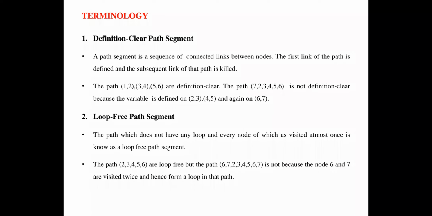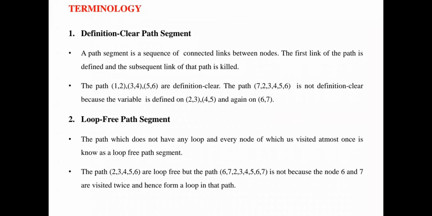That is called the definition clear path. In between, the path does not contain any loops. See here, the path segment is a sequence of connected links between nodes. The path you are taking should be a sequence of connections from one node to another node.